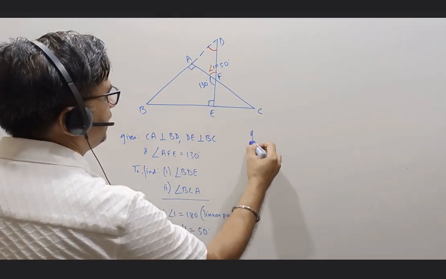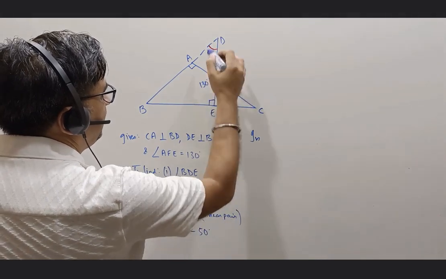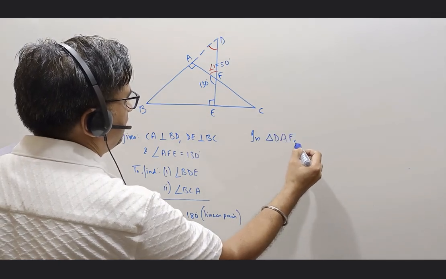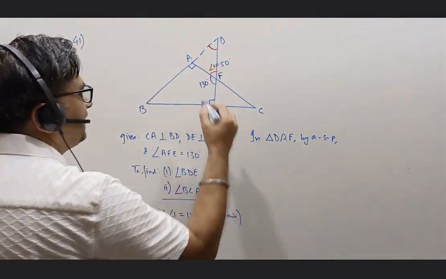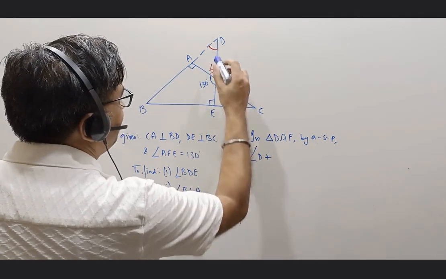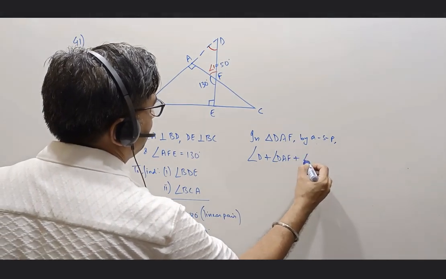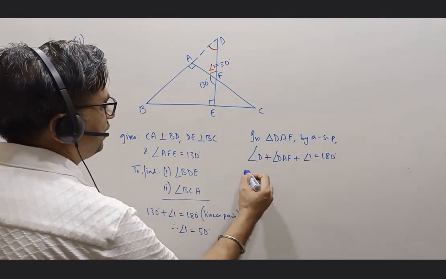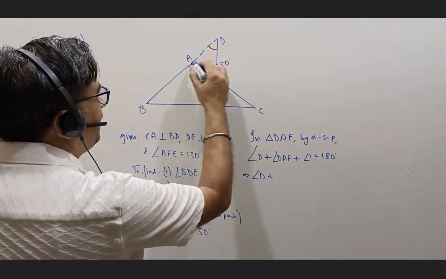Now, in triangle DAF, by angle sum property, do you see that angle D plus angle DAF plus angle 1 is equal to 180 degrees. Now angle D is what we have got to find. Angle DAF is 90.